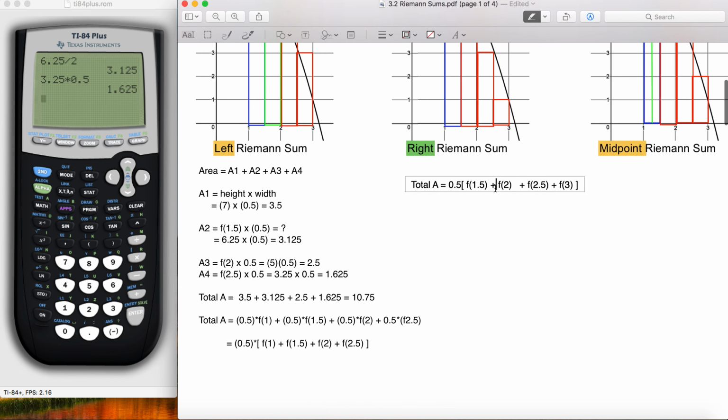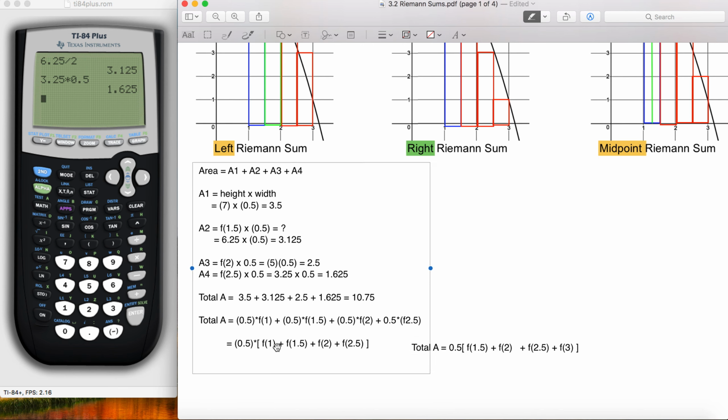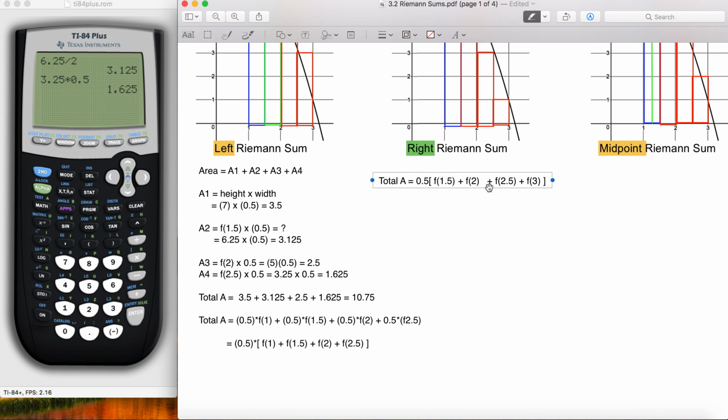So comparing the two, this is the right side, and this is the left. Very similar but different in that we're looking at the heights of the right side of the rectangles.